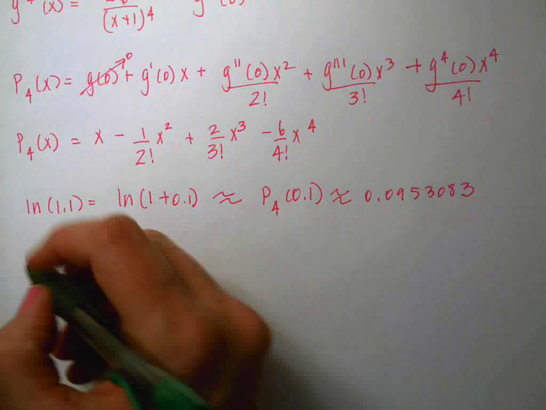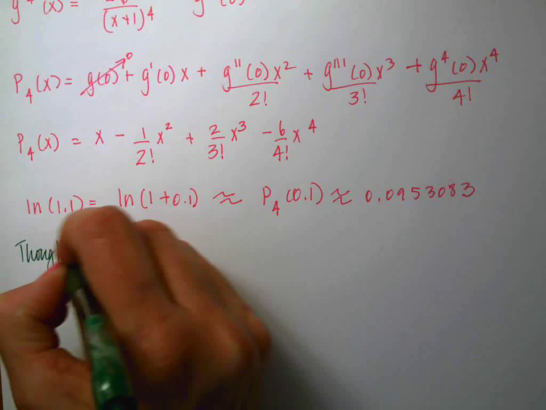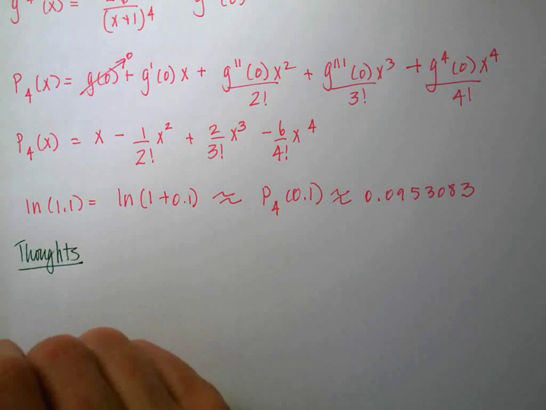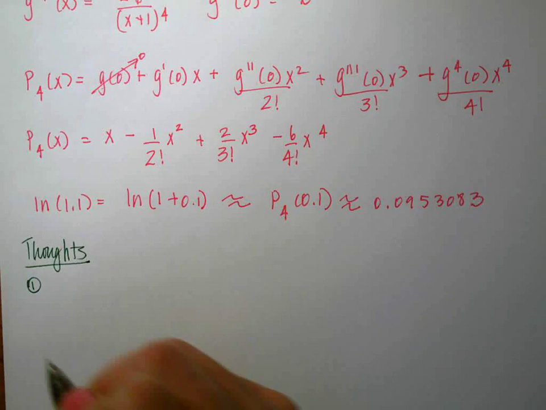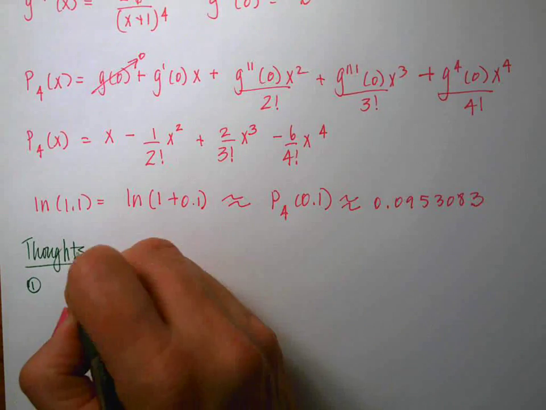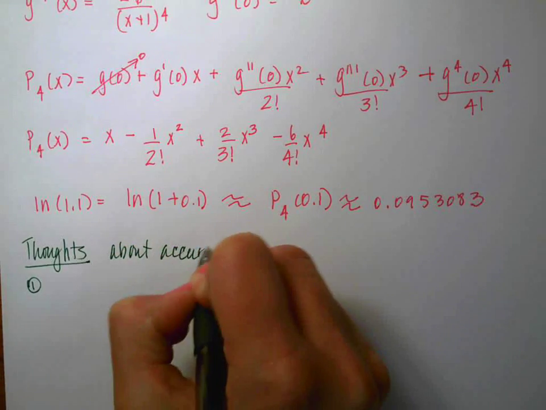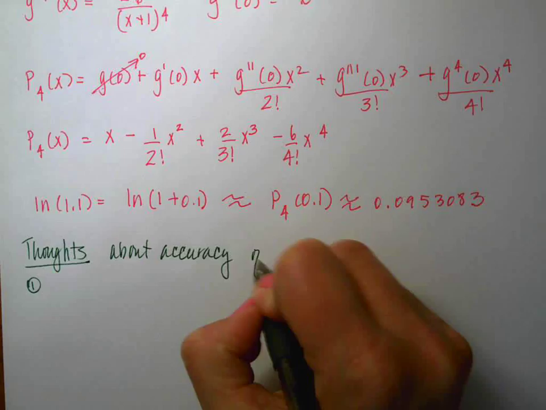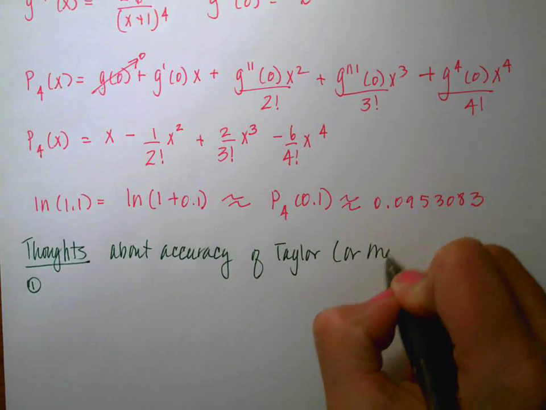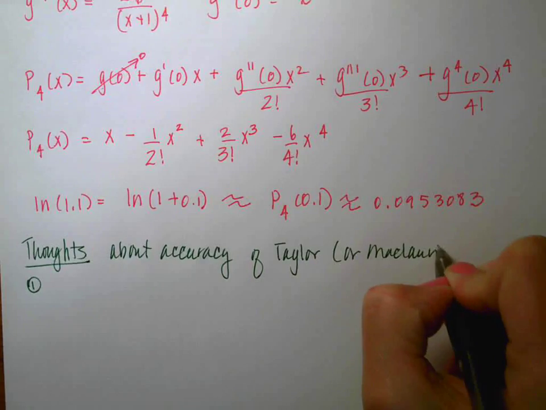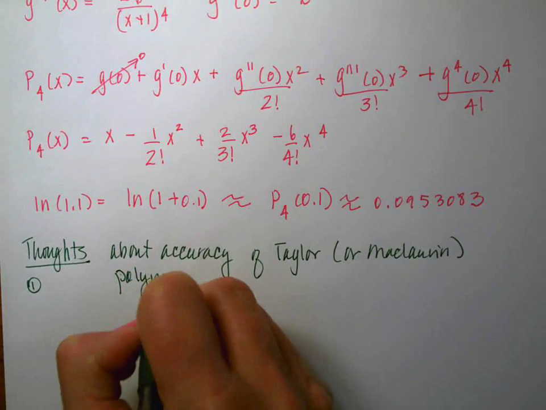So I have a couple of general thoughts that I want to record about this process of approximation. So the first one is, and the thoughts are about the accuracy of the Taylor or Maclaurin polynomial.